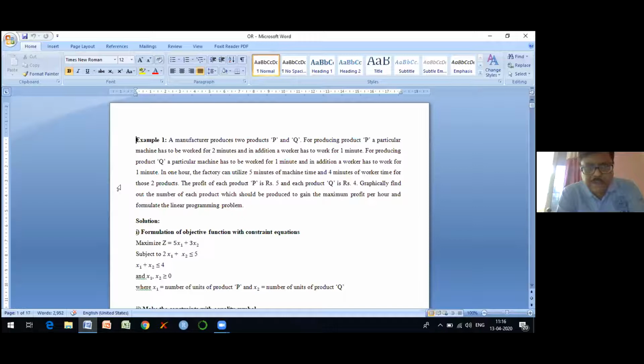A manufacturer produces two products, P and Q. We have given names to these two products. One is product P, another is product Q. In order to produce any kind of product, we require some resources. Without resources, we cannot produce anything.